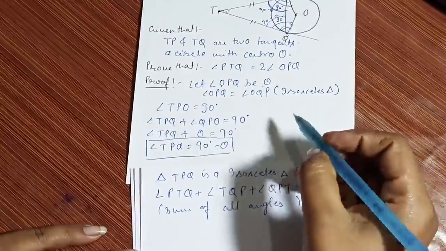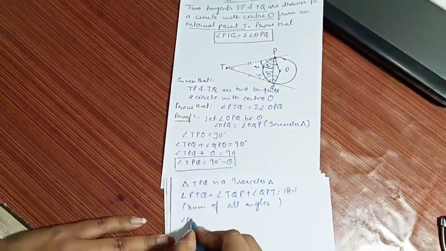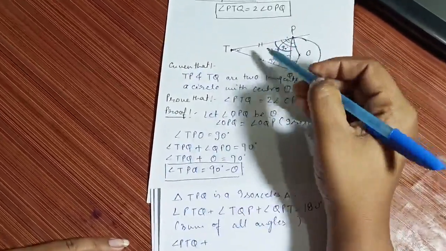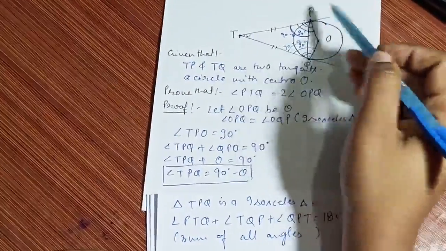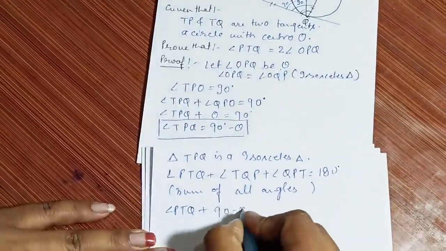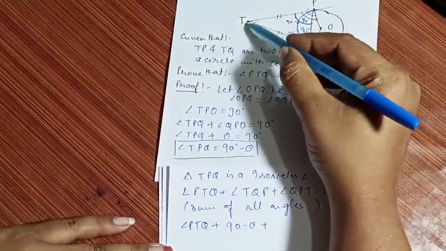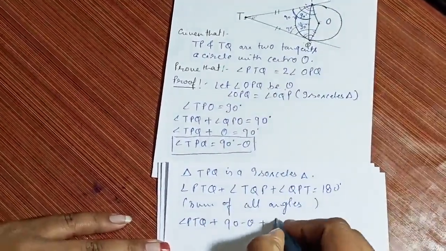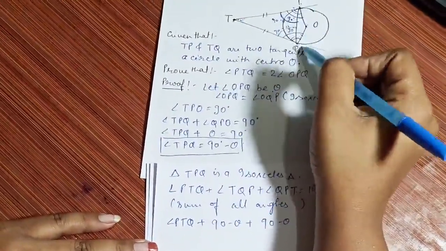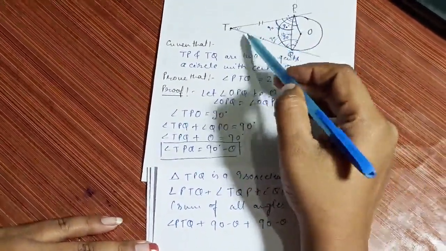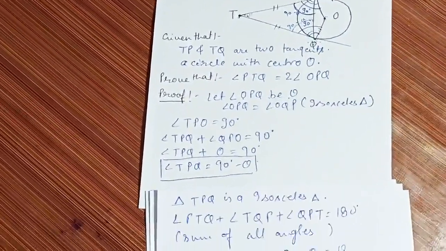Now we can say PTQ plus TQP, which is 90 minus theta, we already found the value of TQP, and 90 minus theta also for TPQ, just because these two angles are equal, equals 180 degrees.